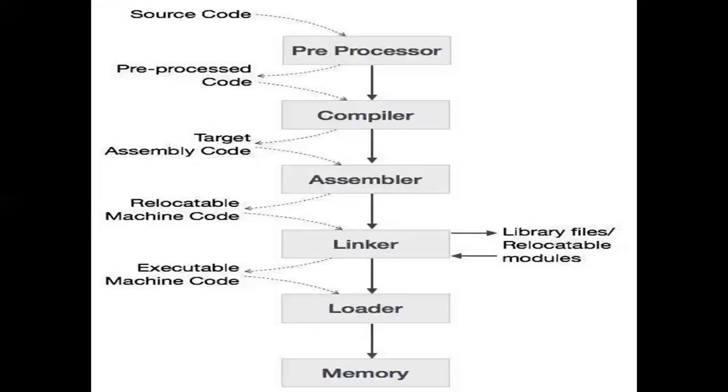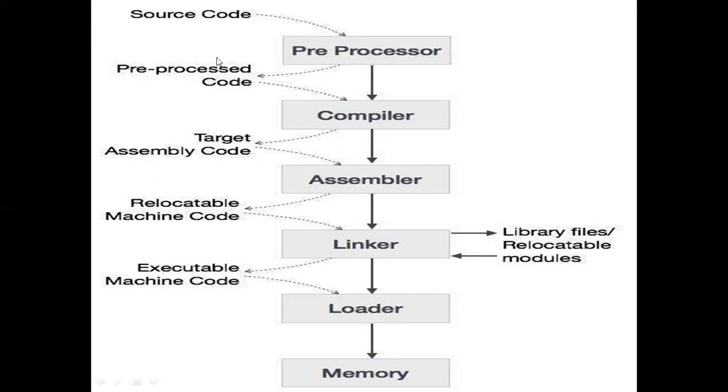See, any high level programming code, if you want to convert it into an executable file, these are the phases it needs to cross. The source code will be sent to the preprocessor. Preprocessor means that if the high level language has header files or macro definitions, it will eliminate those lines, pre-process the code, and send it to the compiler.